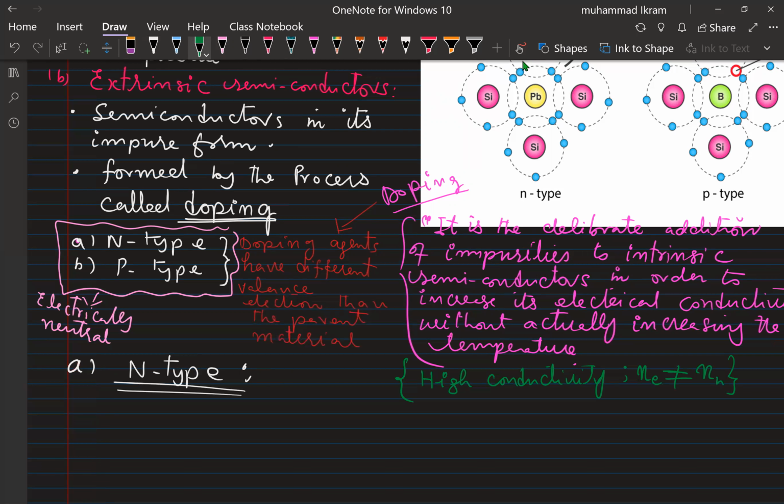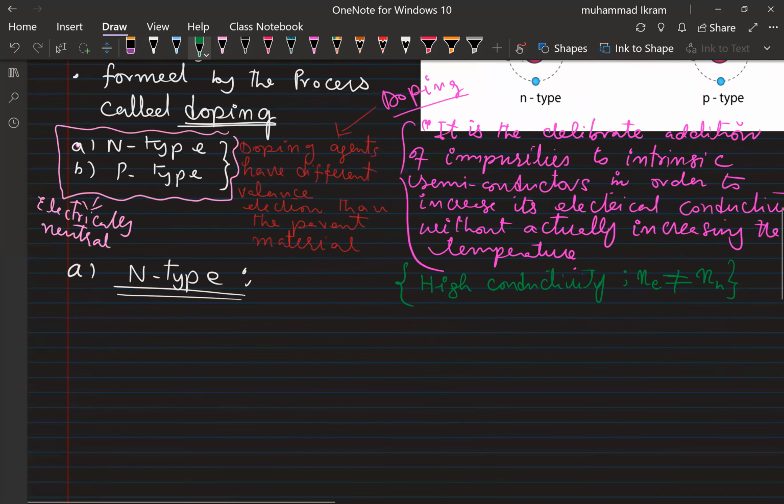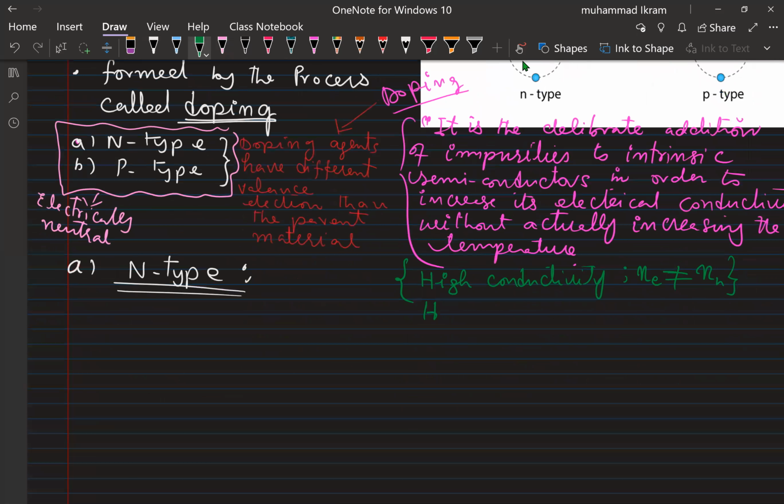Right? Now, what are holes? Let me explain this also, and then I will refer to the diagram. When an electron is removed, it leaves a vacancy behind.